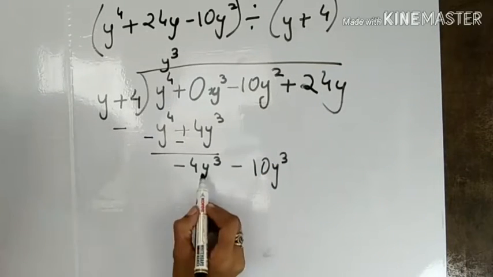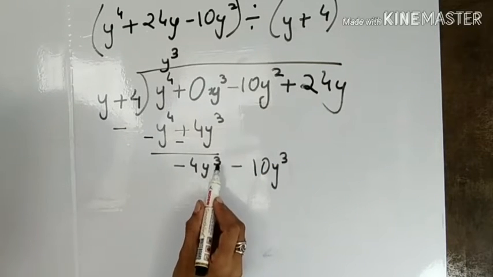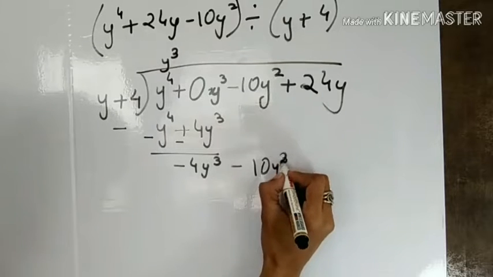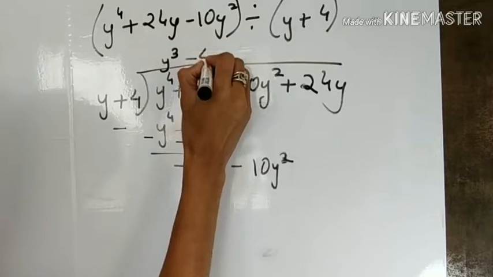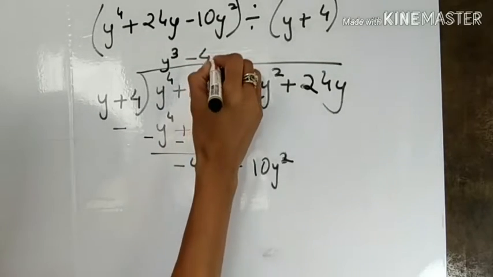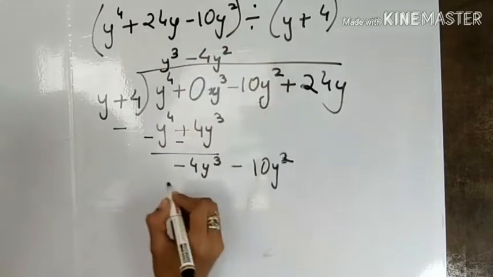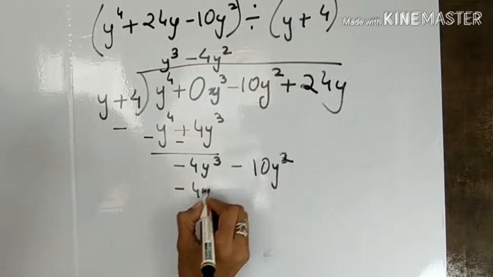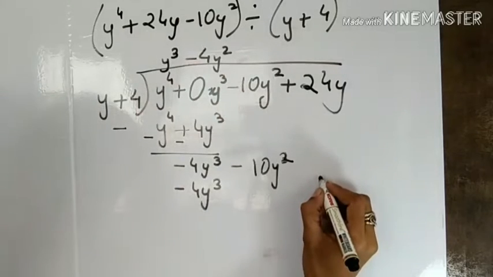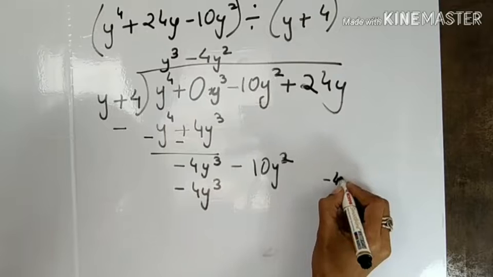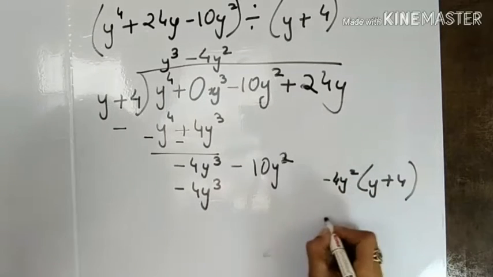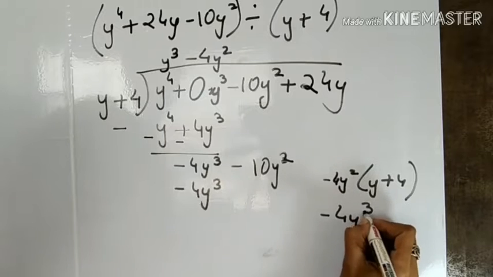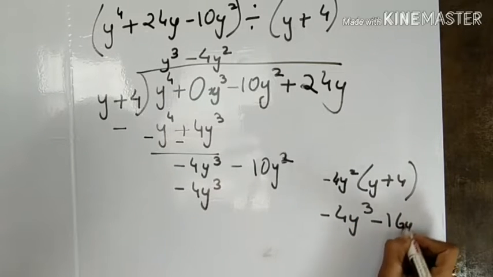I have here y, I need y cube. Just look at the first term. This is square, so I'm going to multiply with minus 4y square. So if you multiply it here, I have minus 4y square multiplied with y plus 4. That gives me minus 4y cube minus 16y square.